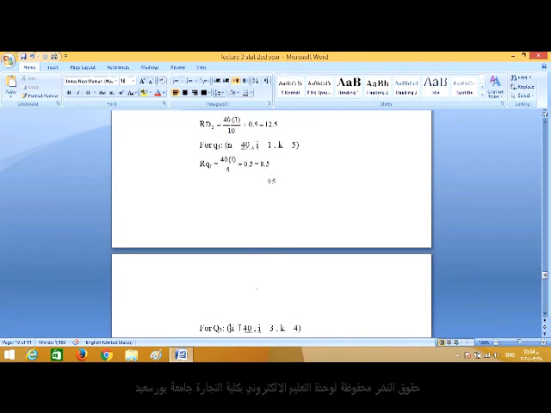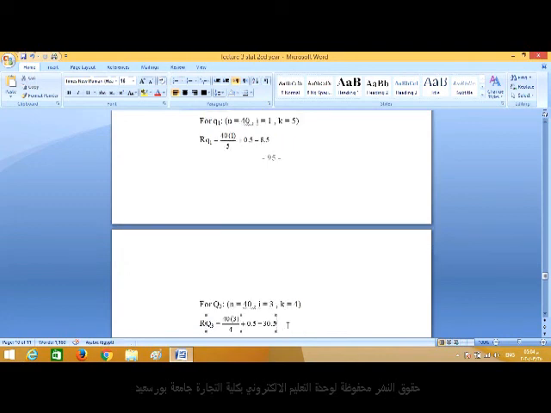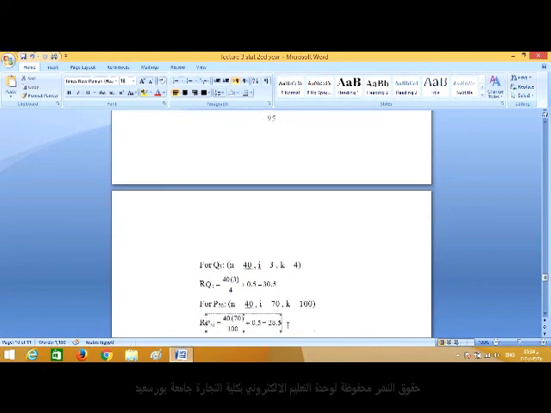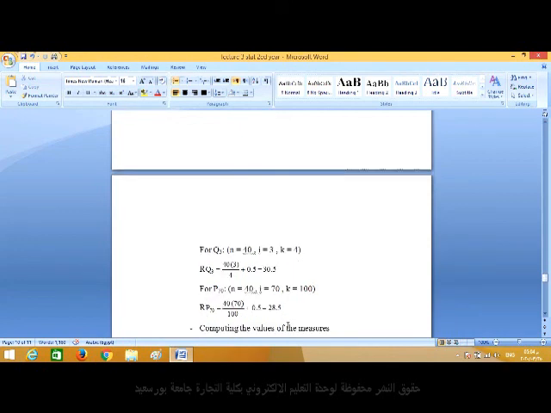For Q3, n equals 40, i equals 3, and k equals 4. RQ3 equals 40 multiplied by 3 divided by 4 plus 1/2, equals 30.5. For P70, n equals 40, i equals 70, and k equals 100. So the rank equals 28.5.